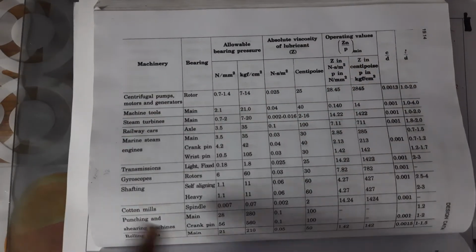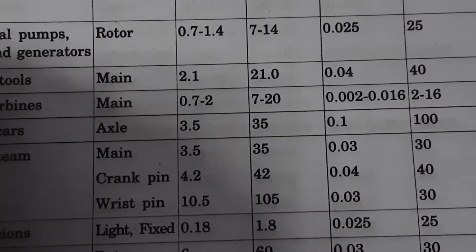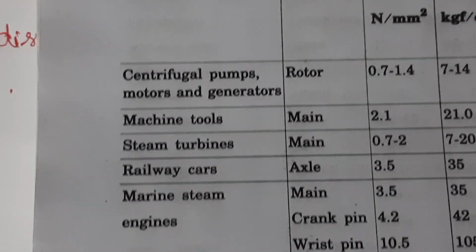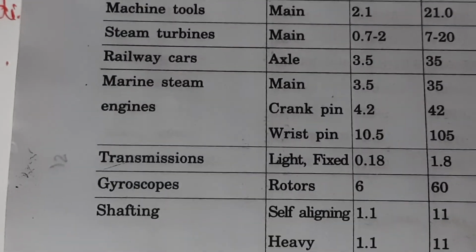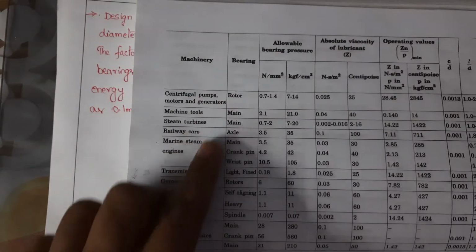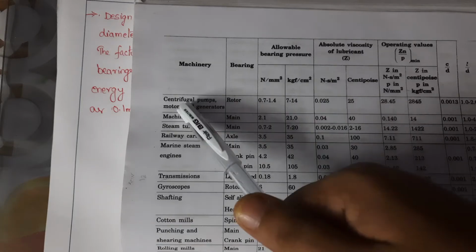This is the tabular column where you can find the centrifugal pump and different types of machinery equipment, and based on that we can find the data related to that equipment.